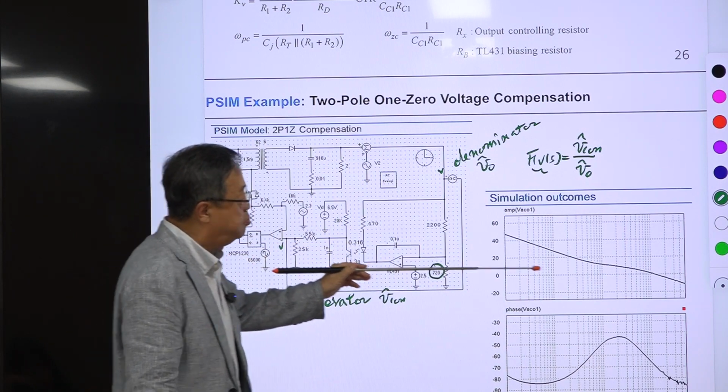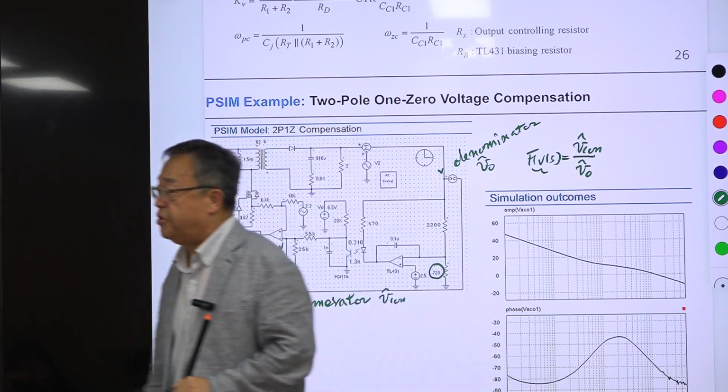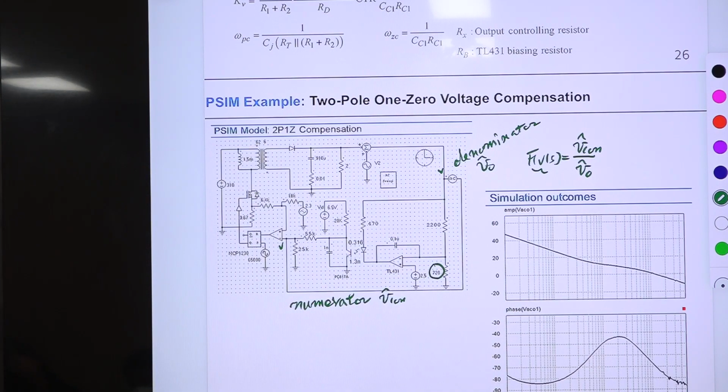And this two-pole one-zero structure is obvious here, with this integrator structure. There is a zero coming first, and the pole is coming here. Let me elaborate on this. This structure is shown here, something like this.